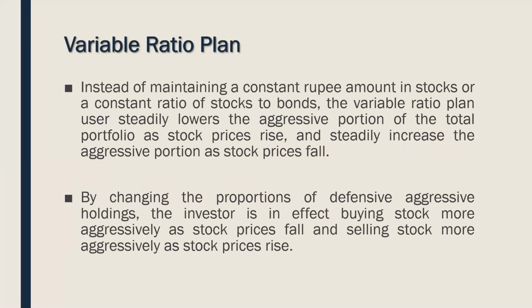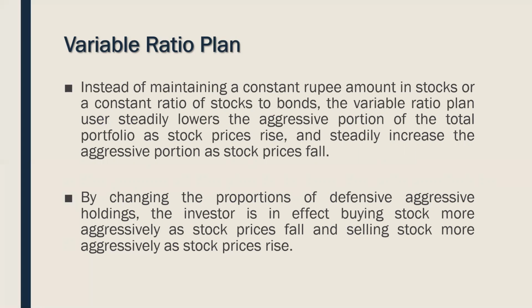The third one is the variable ratio plan. Instead of maintaining a constant rupee amount in the stocks or a constant ratio of stocks to bonds, like we discussed in the previous two formula plans, the variable ratio plan user steadily lowers the aggressive portion of the total portfolio as stock prices rise and steadily increases the aggressive portion as stock prices fall.